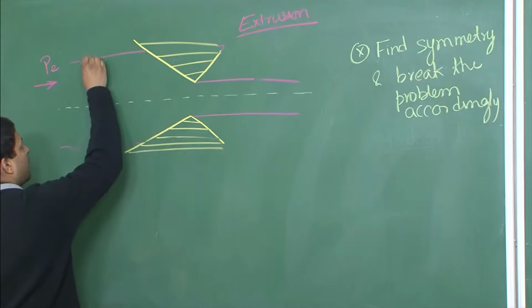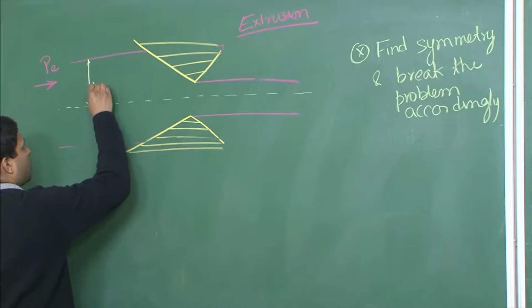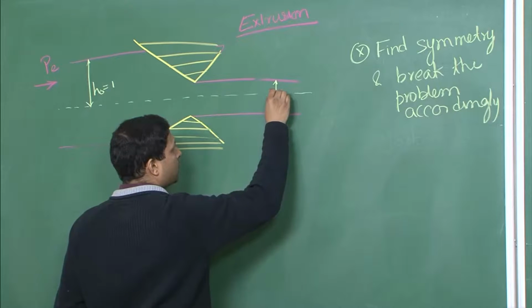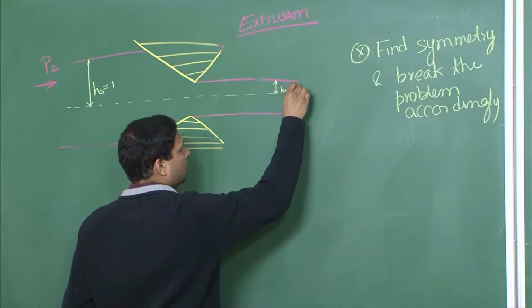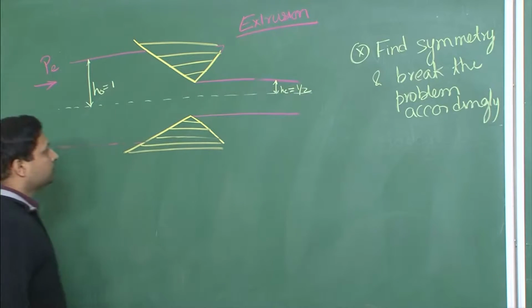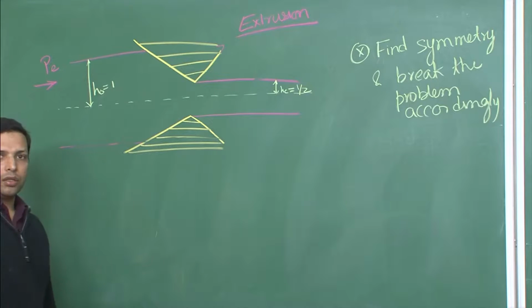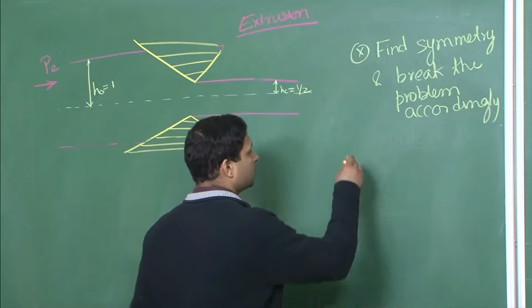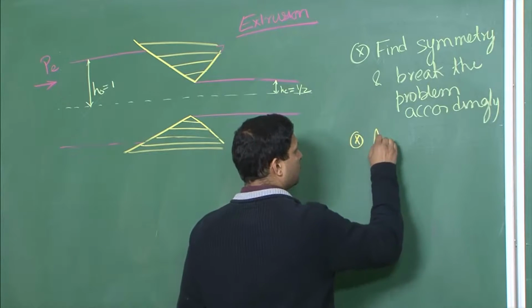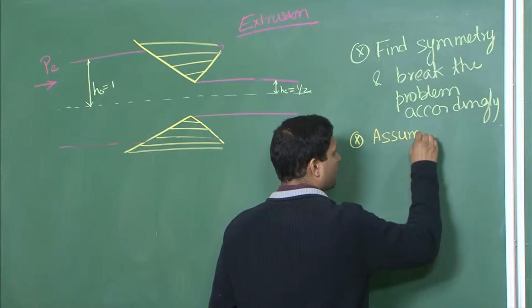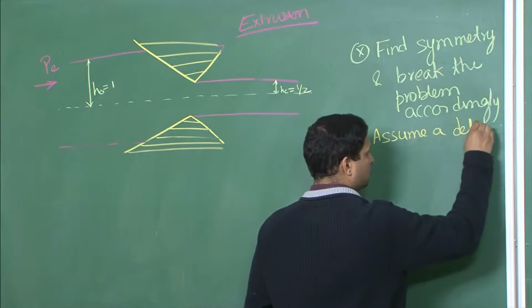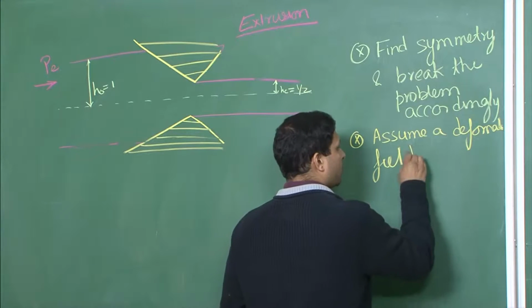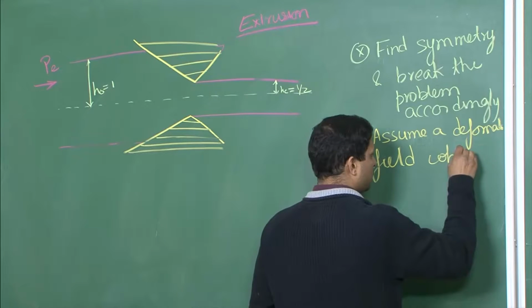Now, let us say that it is given that H naught over here is 1 and this H e is equal to 1 by 2. Now, next step is to assume some deformation field, which is self consistent.